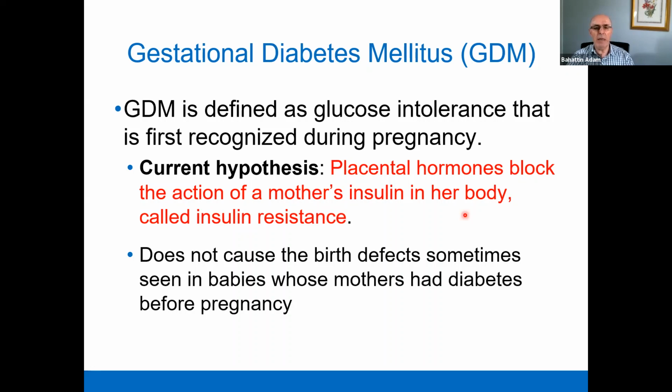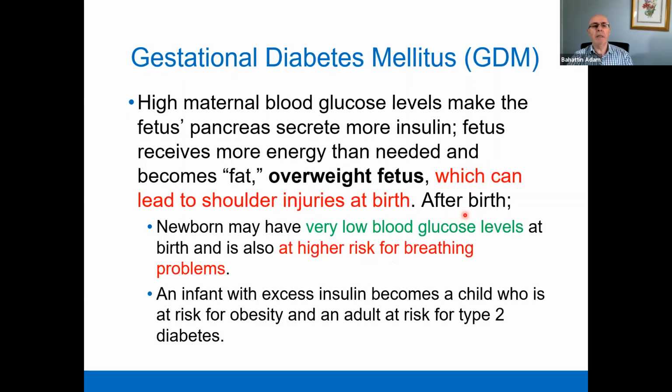Now, high maternal blood glucose levels in gestational diabetes mellitus make the fetus's pancreas secrete more insulin, and the fetus receives more energy than needed and becomes a fat, overweight fetus, which can lead to shoulder injuries at birth during normal delivery.